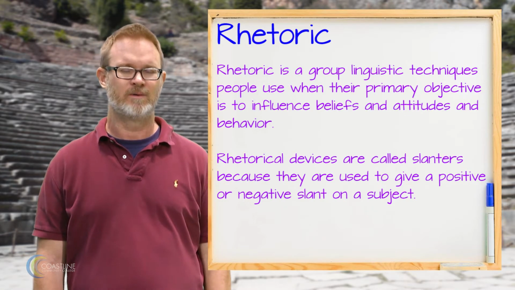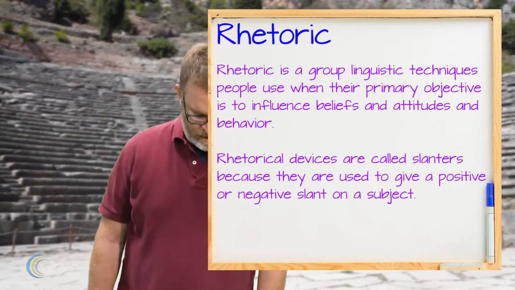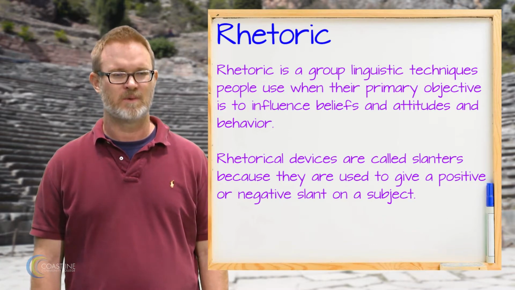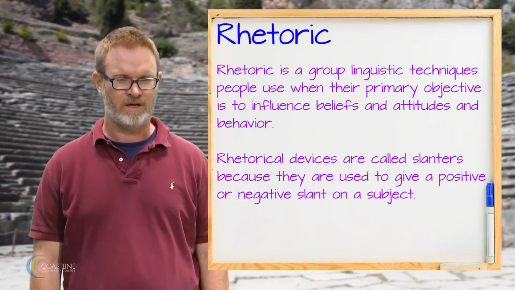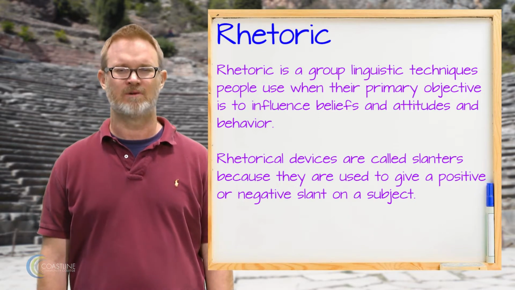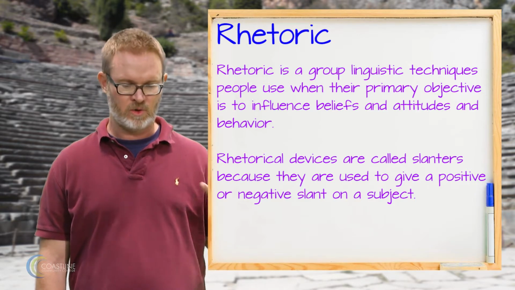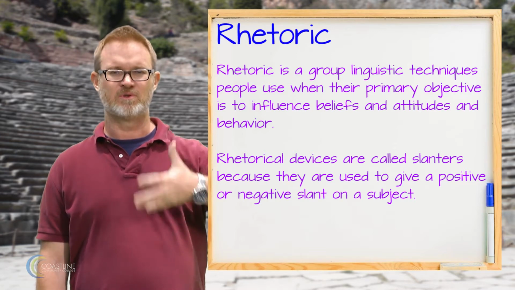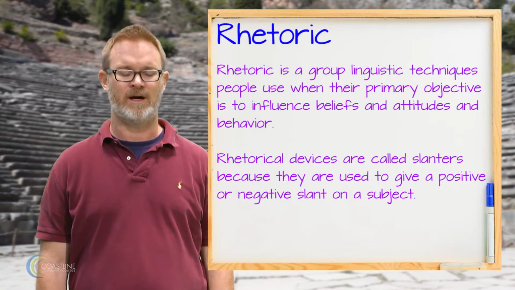So for example, imagine that I was using some kind of language like hero. I could call someone a hero, right? And that's a kind of rhetorical way to put a positive, persuasive edge on a word like that.